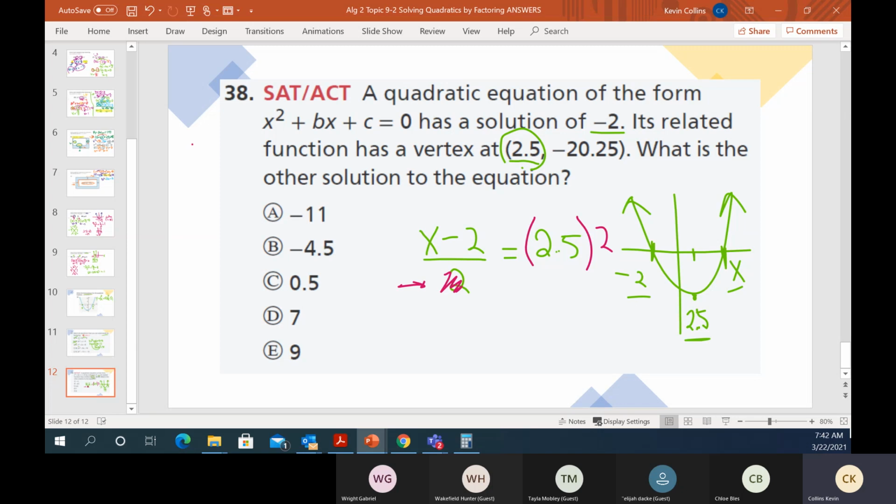Because if I multiply both sides by 2, this 2 would cancel out, and then I have to multiply by 2 over here. So now I'm going to have x minus 2, and then we do 2.5 times 2, that's 5, right? So that's just 5. And the last thing we do is add 2 to both sides. So x equals 7. Bam.